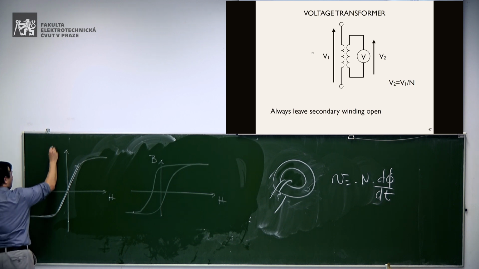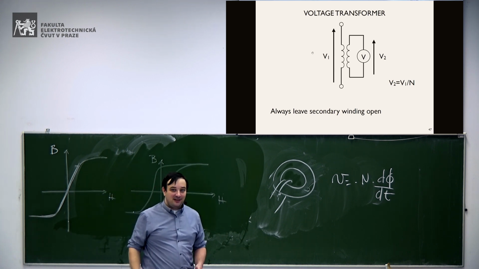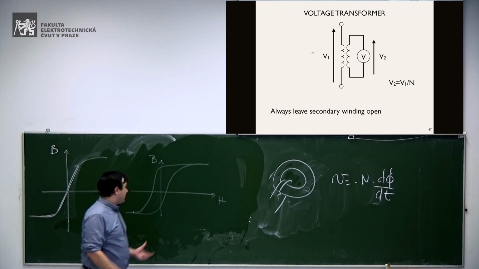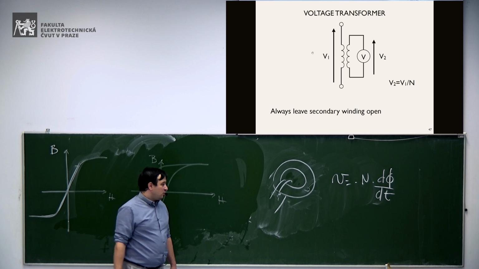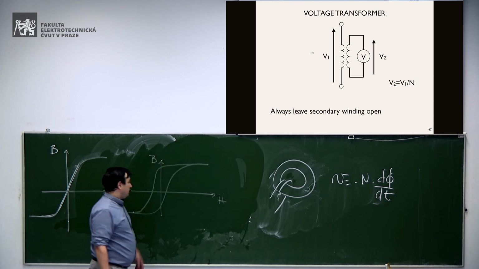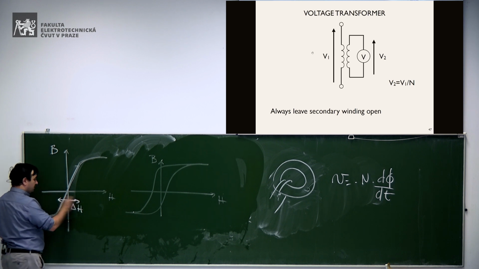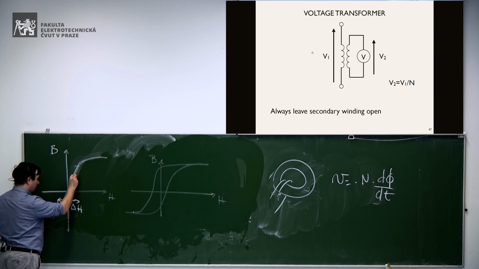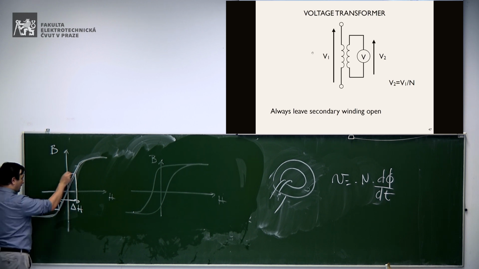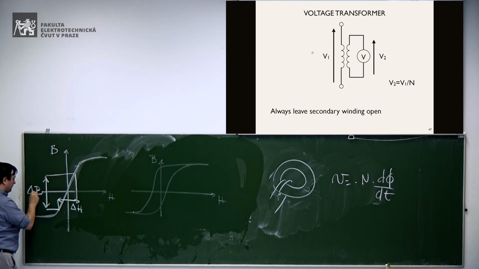What does it mean? It means that H is the magnetic field that you create with the first coil. You inject some current, the current creates a magnetic field proportional to the current, okay? So you apply a current and you create a time variation of H. This corresponds to a time variation of B, okay?